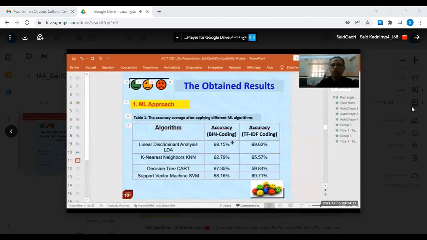And we have used 2 coding models, the binary coding model and the TF-IDF coding model. And we have obtained results which can be considered low. The maximal value was 69.71, which is relatively low if we compare it with the DNN results.